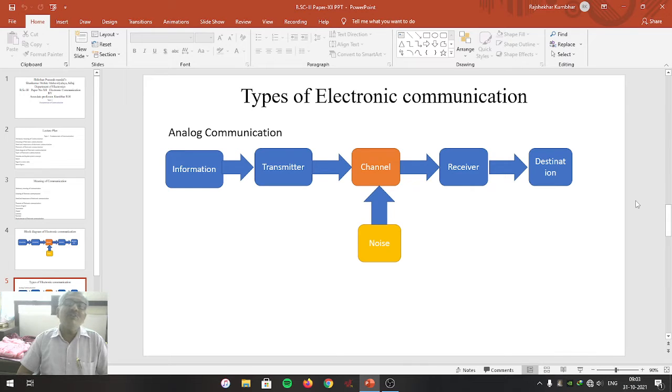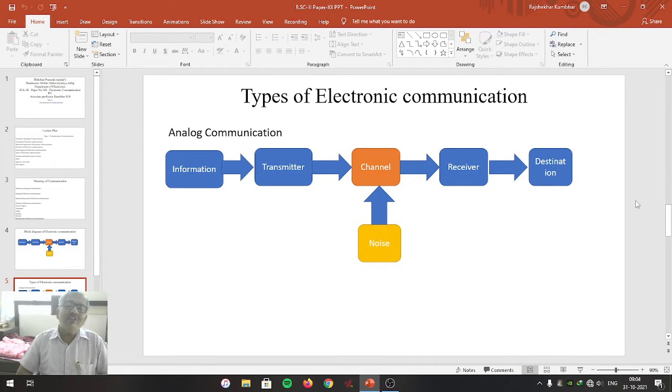Then what do you mean by analog signal? The signal that varies continuously with time is known as analog signal. Maybe it is in the form of current or maybe it is in the form of voltage. It is the replica of the information to be carried, and that varies continuously with time.